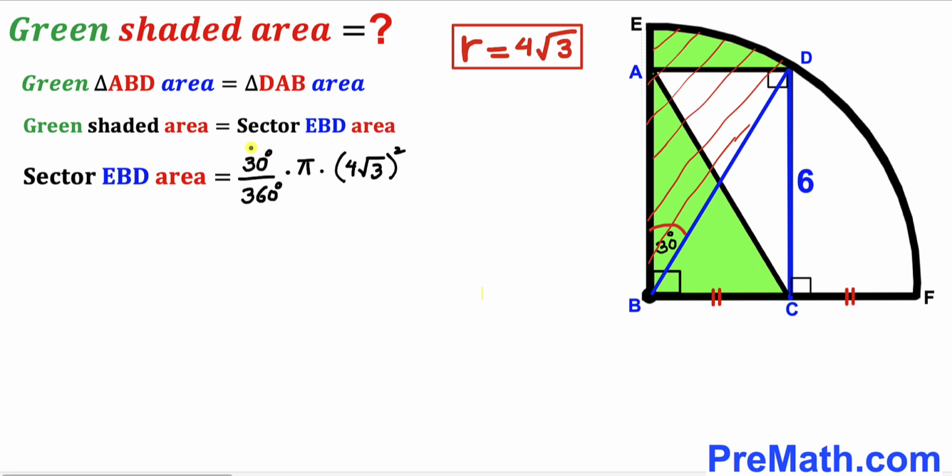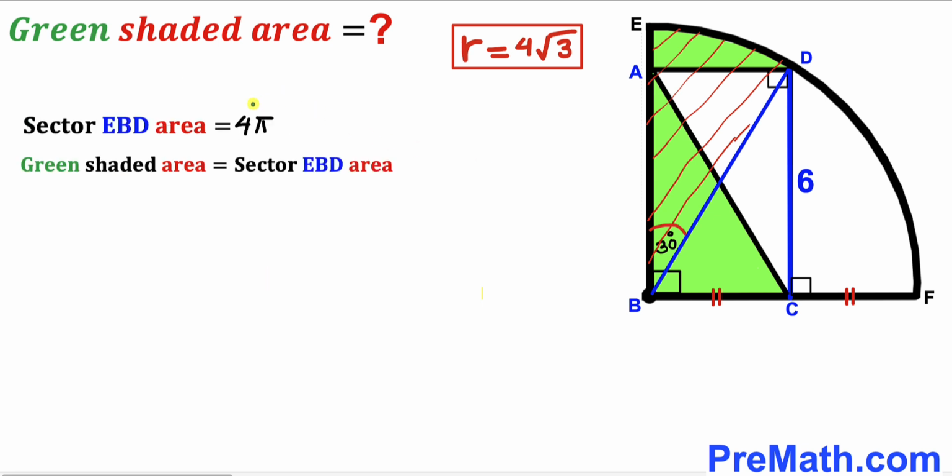And now we can see 30 degrees divided by 360 degrees reduces to 1 divided by 12. And likewise the square of 4 times square root of 3 is going to be 48. So therefore this can be written as pi divided by 12 times 48. And if we simplify further, that is going to give us 4 pi square units.